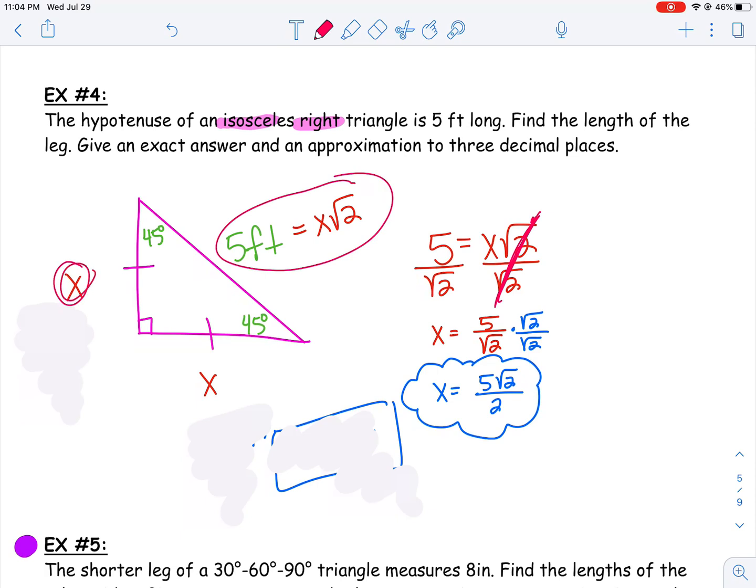Well, if x equals 5 rad 2 over 2, and the leg is also x, then each of the legs is also 5 rad 2 over 2 feet long. That would be the exact value, or I can punch it in my calculator, 5 times the square root of 2 divided by 2, and I ended up getting 3.536 feet.